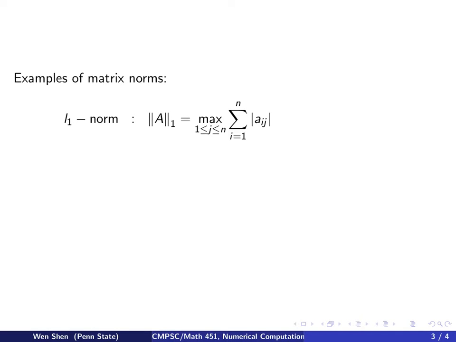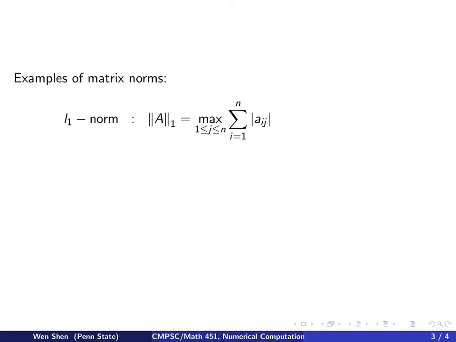Now, we will take a couple of examples of matrix norms corresponding to the vector norms that we talked about in the last video, and these are given without proof. The L1 norm for matrix A, corresponding to the L1 vector norm, is the following.